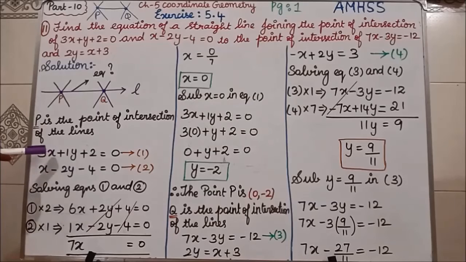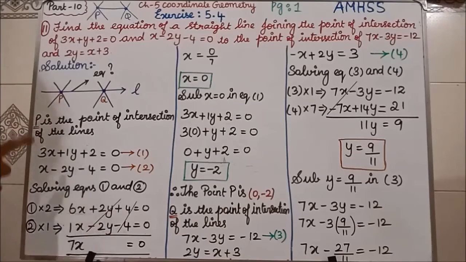See, in the previous problem itself I have told you, if you want to cancel a variable, you have to see whether the variable has the same coefficient. Here x is having 3, there x is having 1, here y is having 1, there y is having 2. So you have to see which variable you are going to cancel. I am cancelling the y variable.